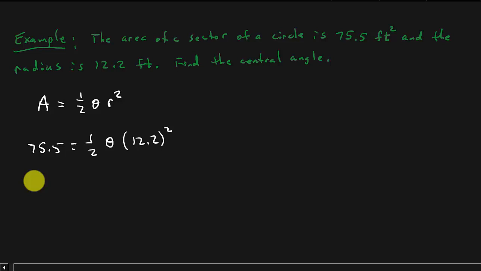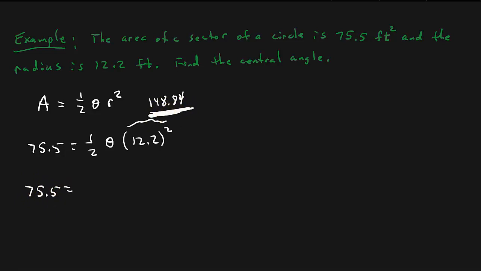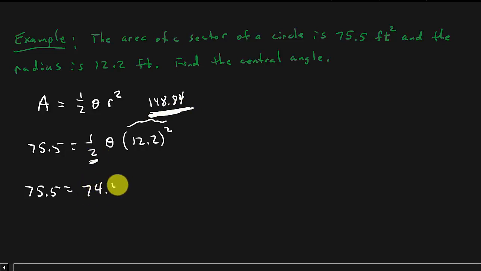So let's see what we can do to kind of clean this up. Let's see, what is 12.2 squared? And so this right here is 148.84, and then I'm going to multiply it by 1/2, and that's going to equal 75.5. So 148.84 times 1/2 is 74.42 theta.